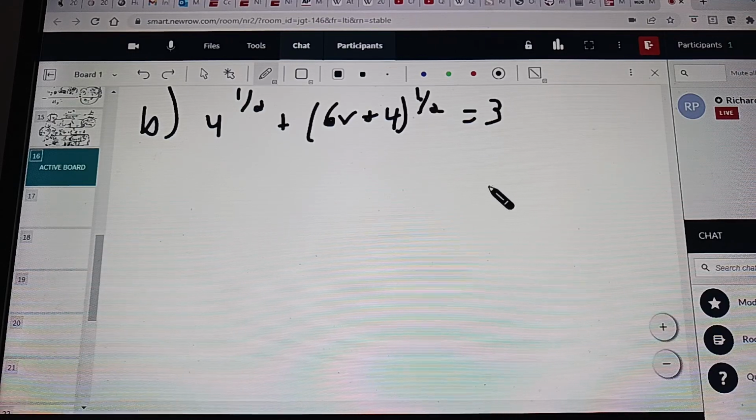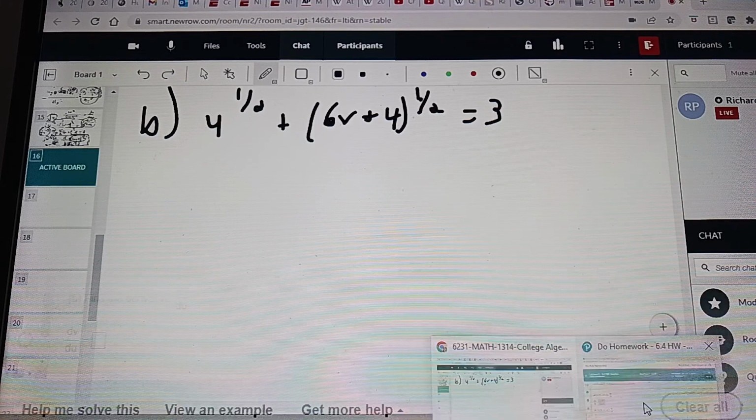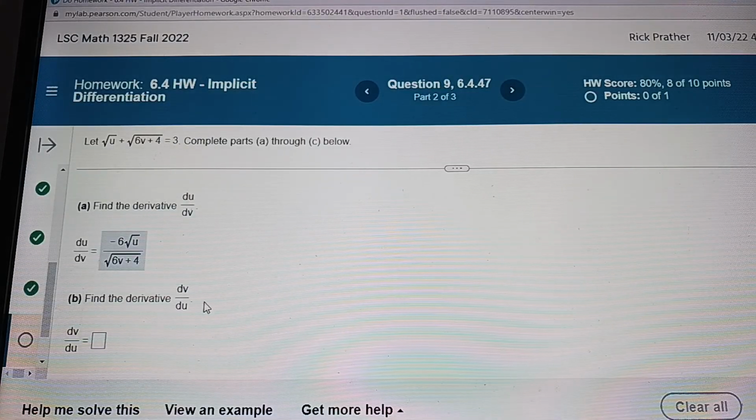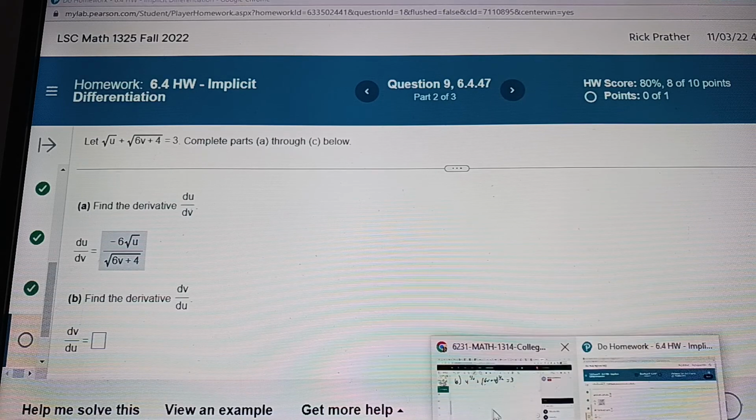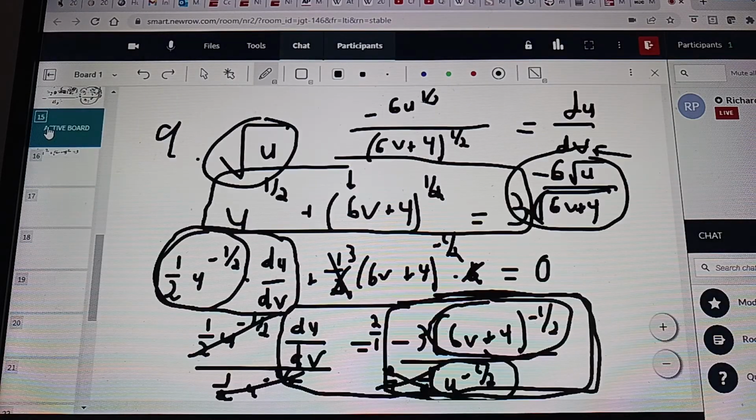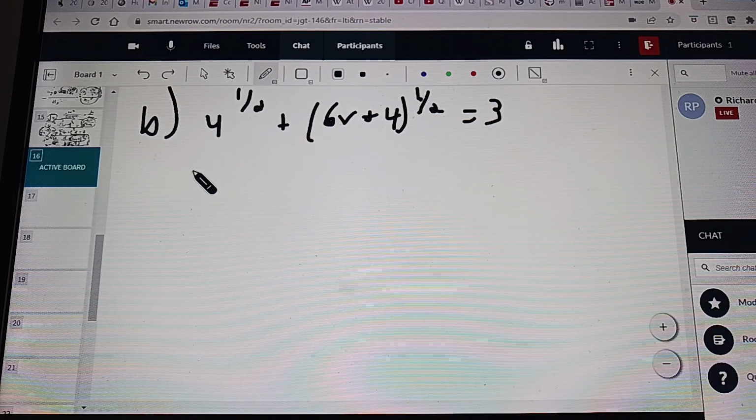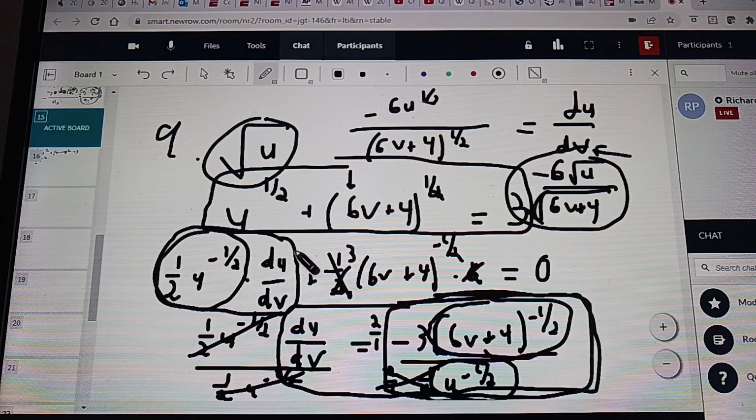I'm going to repeat what we just did, except now u is the variable of interest, not v. So now for u, you don't have to do anything extra to it. 1/2 u to the negative 1/2. That one's done now. Last time I attached a du over dv to it.